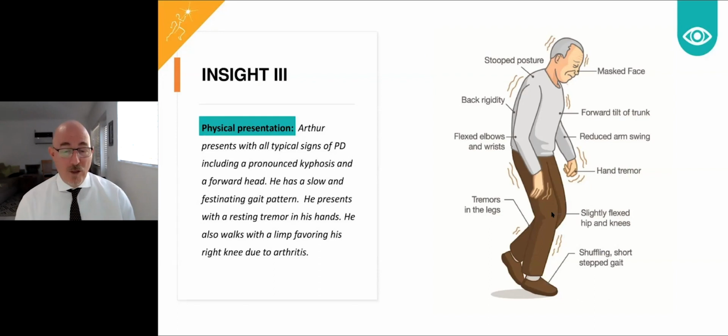So the pain also is interfering with his Parkinson's disease. A lot of times if they've had accidents, and thank goodness his hip doesn't bother him very much, but he did have some respiratory problems, and that fracture last year that took him to the hospital gave him the respiratory problems. And then the arthritis in his right knee is probably the most debilitating. So let's go to the next slide.